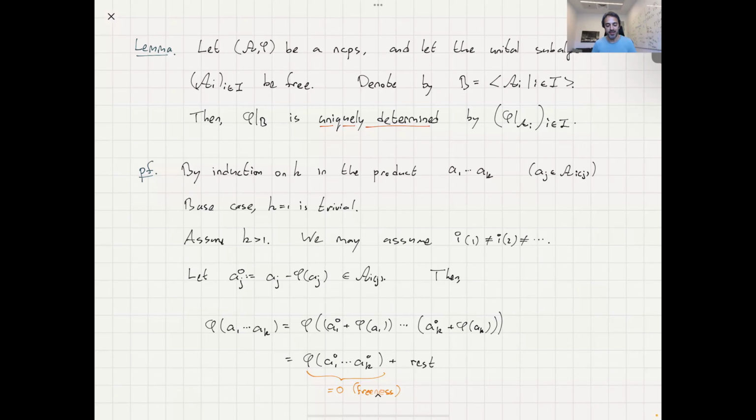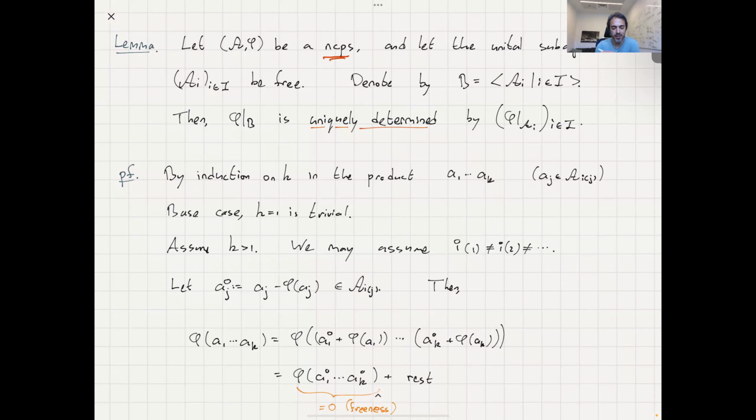Okay, so what does the lemma tell us? It tells us that say you have a non-commutative probability space, you can take it to be a star probability space also, and say that you have unital subalgebras that are free. And let's look at B, which is the algebra generated by these subalgebras. So it may not be all of A, but it's the smallest algebra that contains all the A_i's.